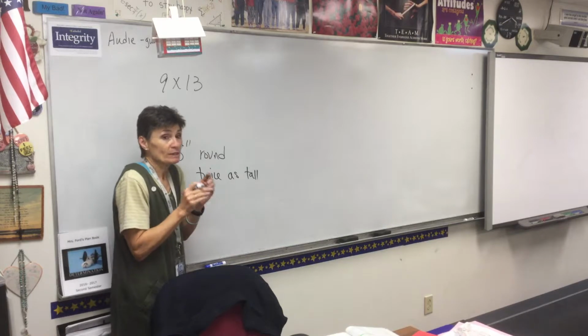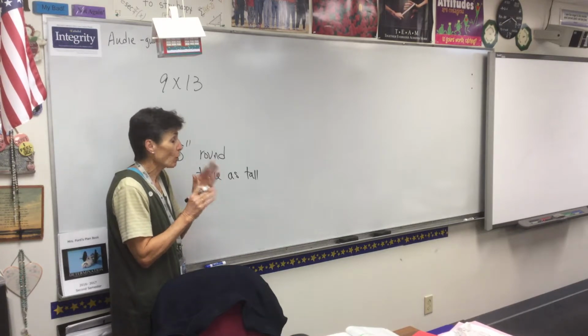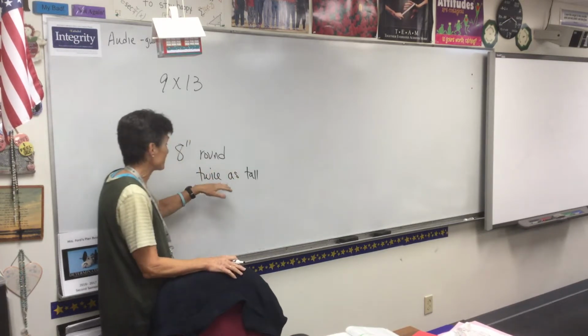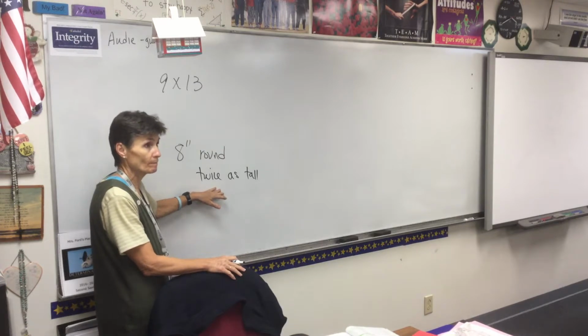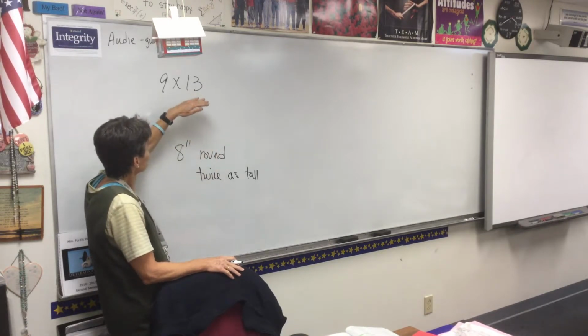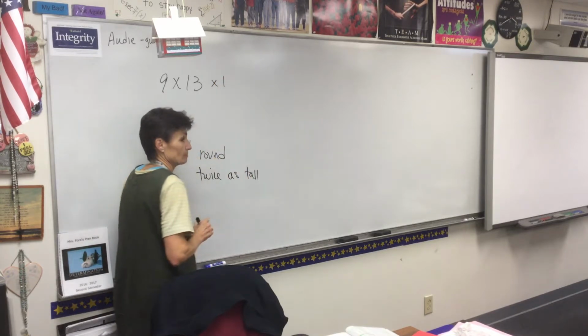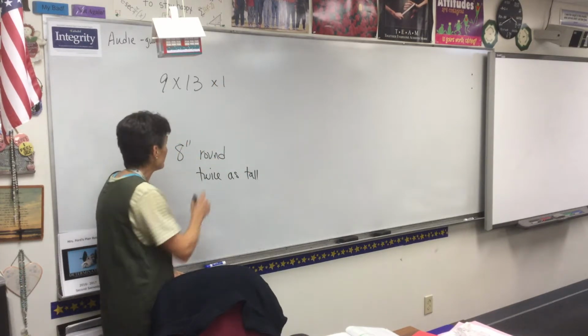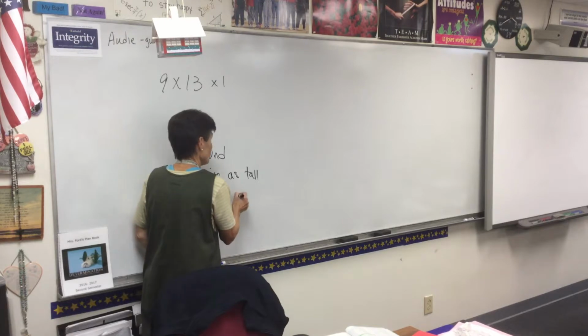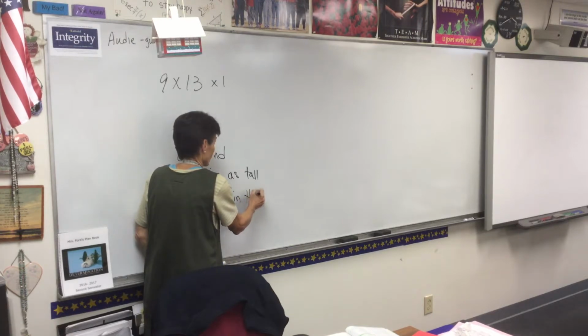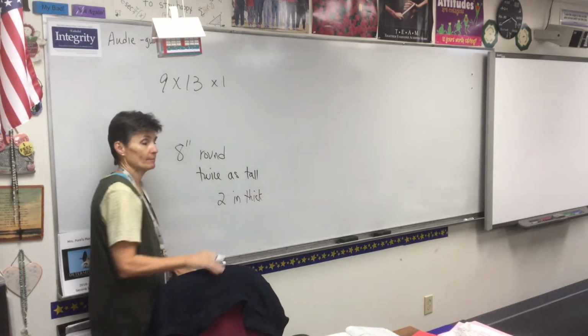Now, they don't tell me how tall either one of them is. They just say this one is twice as tall. So let's suppose this cake is 1 inch thick. Then this one would be 2 inches thick, right? So let's just do that.